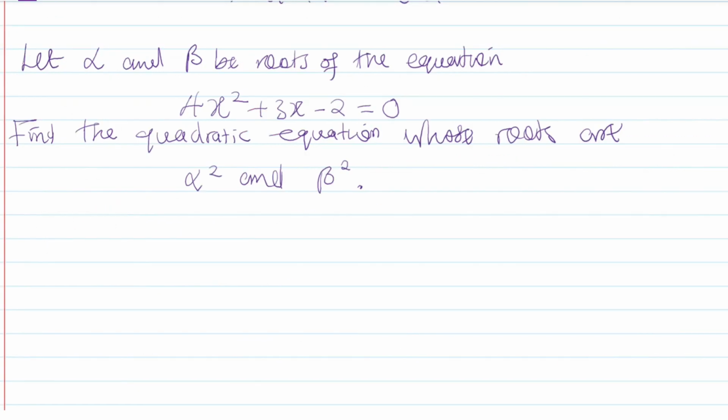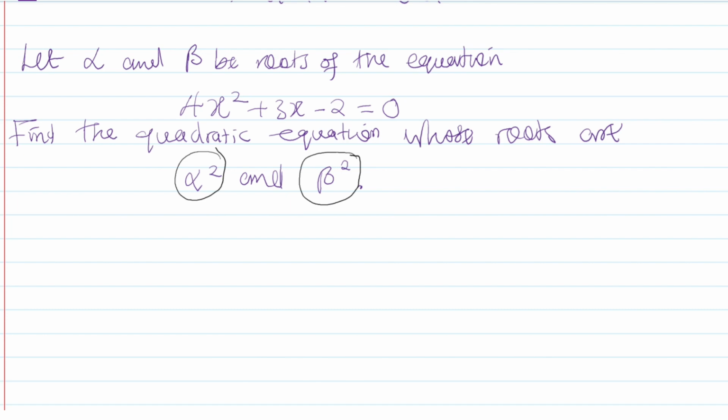Now, there are times when we are asked to find the quadratic equation given roots. In this example, we are told that alpha and beta are roots of the quadratic equation given by that. Now find the quadratic equation whose roots are alpha squared and beta squared.